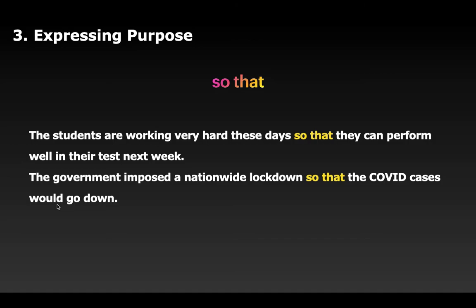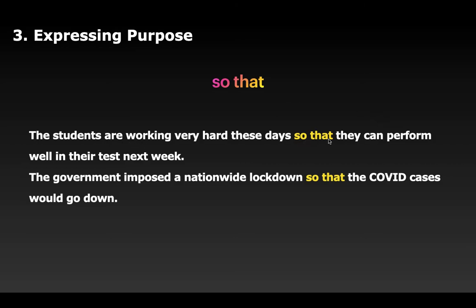Another thing. Did you also notice that in the first two categories, and in this category, and even in the next category, it's going to be the same thing. Whenever you use these connecting words, there is always a subject and a verb, right? So you have the main part of the sentence right here, the students, subject, are working, verb.